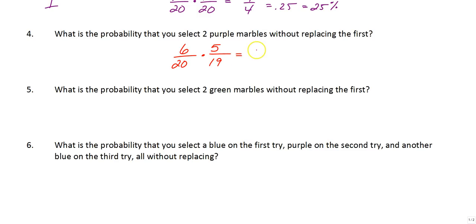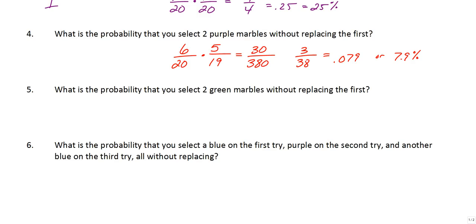So that's 30 out of 380, which we know is 3 out of 38, 0.079, or 7.9%. Okay, if you got that, you're good to go.